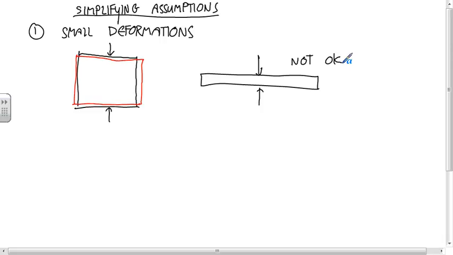So what's the cutoff? You can think of a handful of percent of the original length as being a reasonable cutoff. For the most part, we're not going to get anywhere near those. We're going to be talking about point something percent and 0.0 something percent as a deformation.